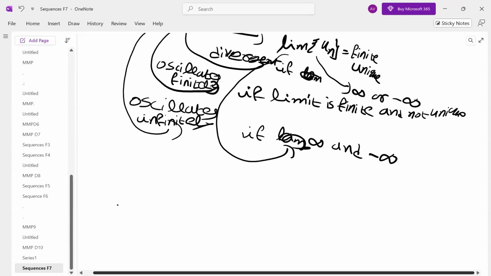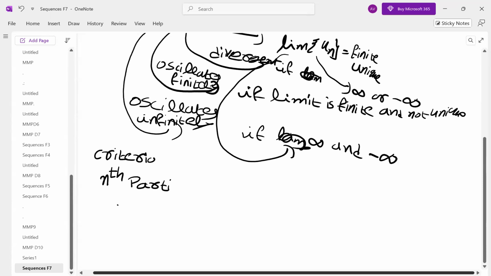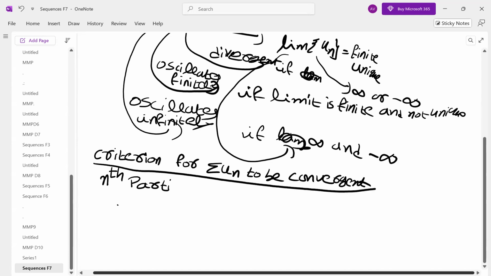For that we went for a concept called the nth partial sum, to find out whether the series is convergent or divergent or oscillating, we want to know the nature of this. So for this, we consider the nth partial sum.